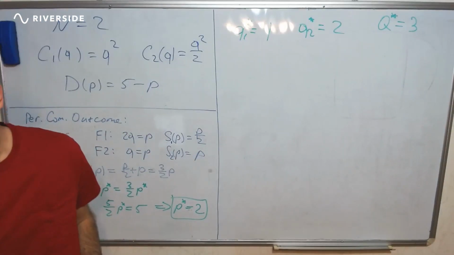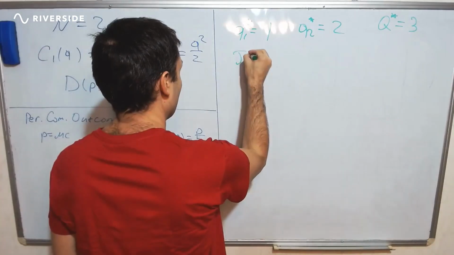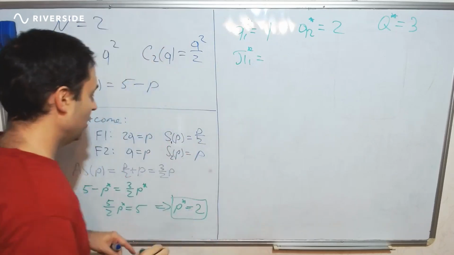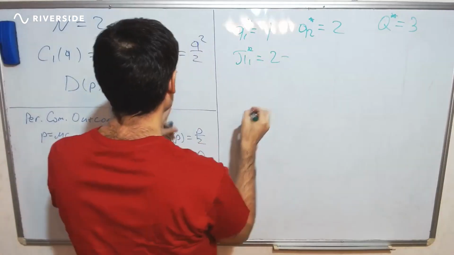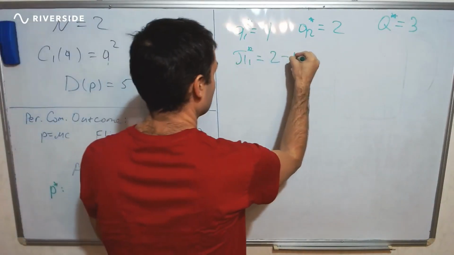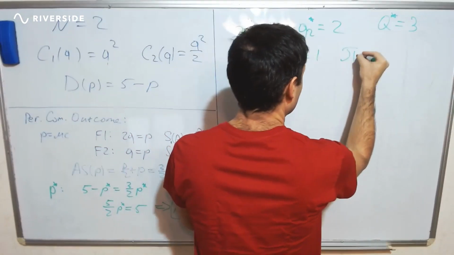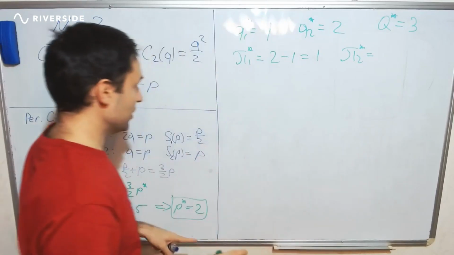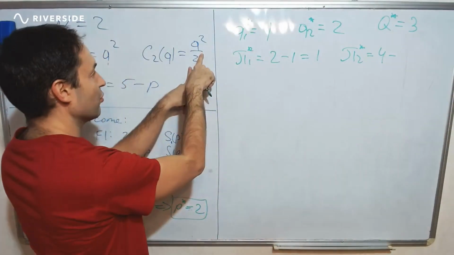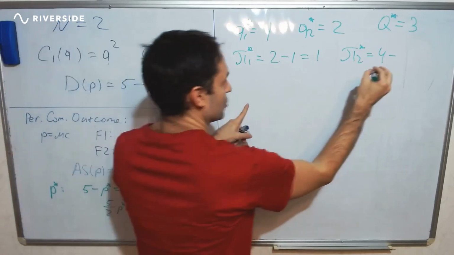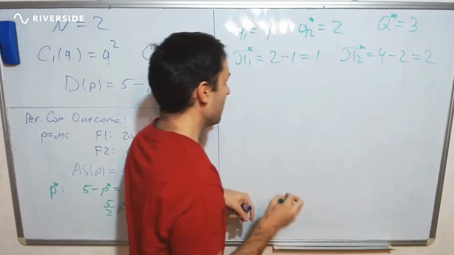Market price is 2. Let's calculate profits. Firm 1 sells 1 unit at a price of 2 minus the cost of producing 1 unit, so it's just 1. Firm 2 sells 2 units at a price of 2, so it's 4, minus the cost of producing 2 units, which is 2. Therefore 2.